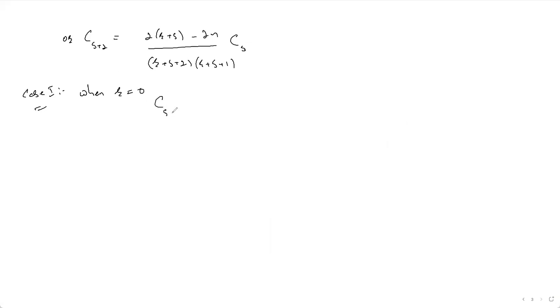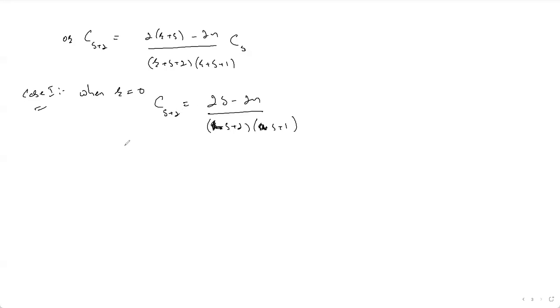So c s plus 2 will be equal to, with r being 0, simply 2s minus 2n divided by s plus 2 and s plus 1. I will not write r here because it will make the equation a little simpler to find out the different values.